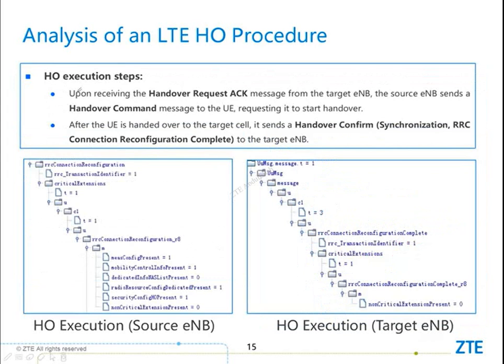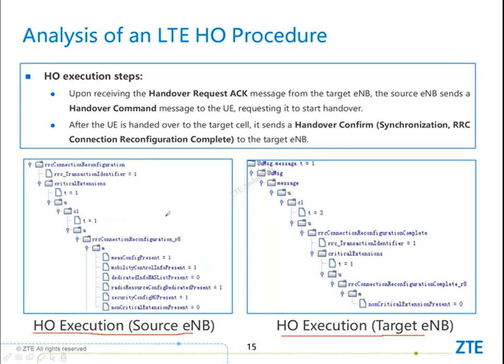And the next is the handover execution steps, right? In the execution steps, you can see there are two parts. First is handover execution in the source eNodeB. Second is handover execution in the target eNodeB. In the source eNodeB, of course, the source eNodeB will send the RRC connection reconfiguration message. And this message will include all the target cell information.